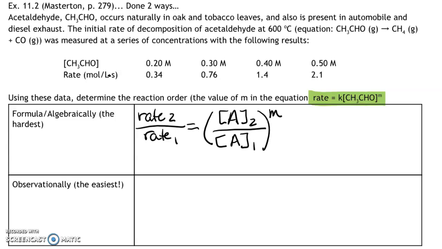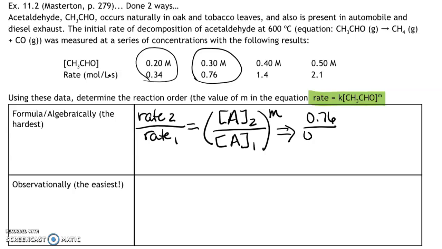If we're using the first two trials here, so trial 1 and trial 2, then what we would be getting is that our rates, 0.76 over 0.34, is going to be equal to 0.3 over 0.2 raised to the m power. Okay, our rates come out to be 2.2 when we divide.